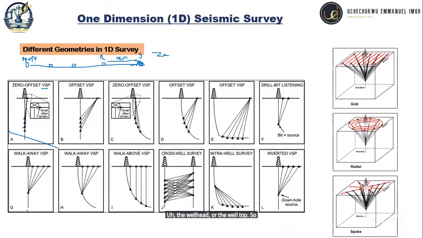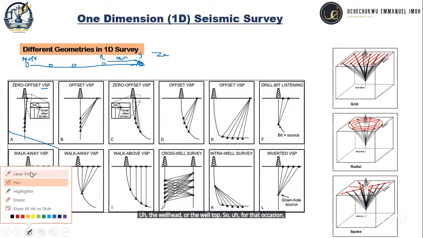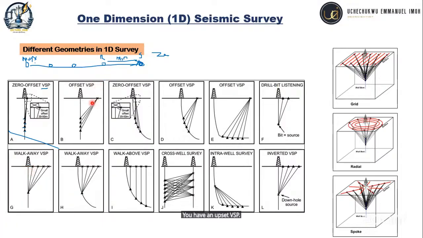So for that occasion, you have an offset VSP, like shown in the cartoon number B. For cartoon number C, it's just the same thing as the first one. The first one is for a straight well, and C is for a deviated well. D is also for a deviated well for offset. And E, the same thing for a horizontal well, in a situation where there's a horizontal well.